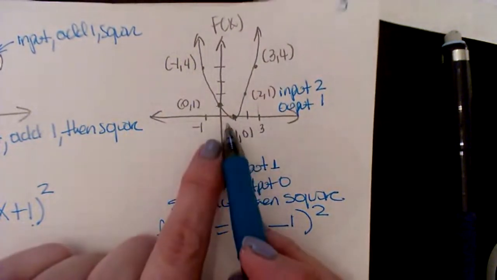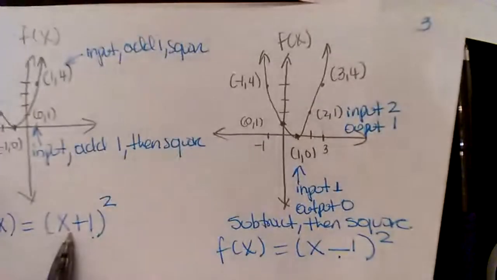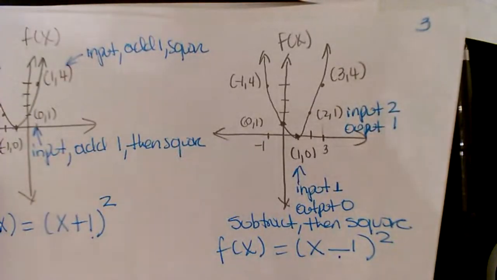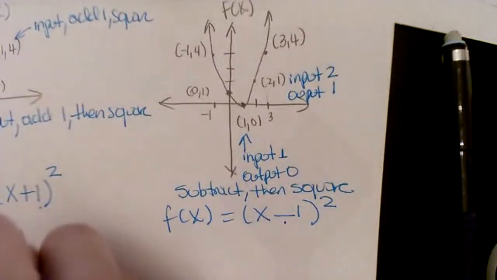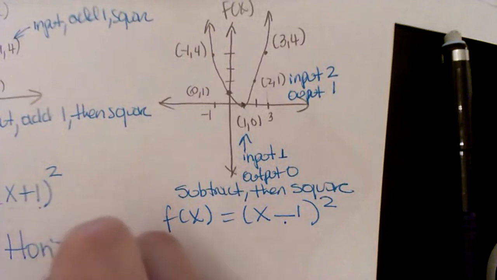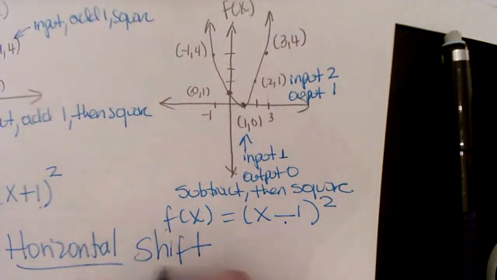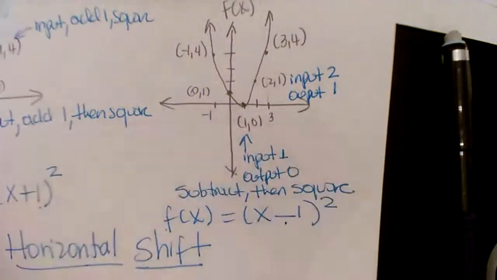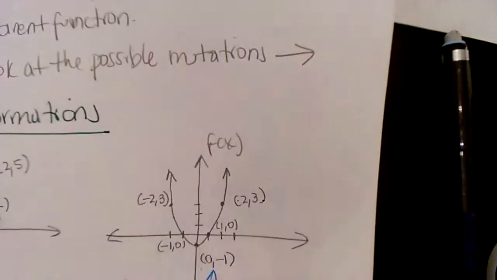Notice that when it's to the right, it's negative 1. And when it's plus 1, it's to the left. Okay? And this is what we call the horizontal shift. Horizontal. It's on the x-axis. Look at here. This is on the y-axis.